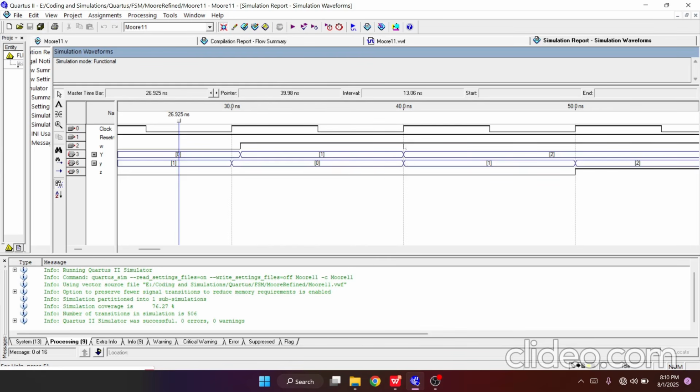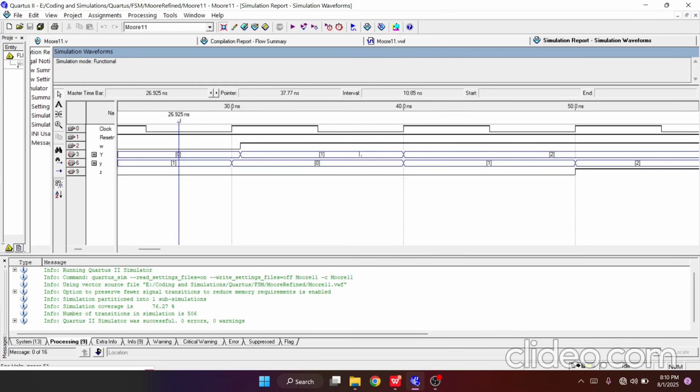Now in this clock edge we are also detecting another W equal 1, at 40 nanosecond.